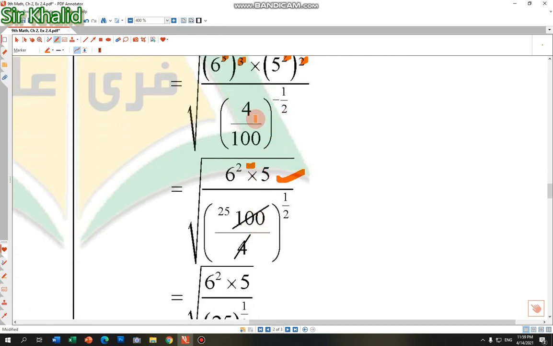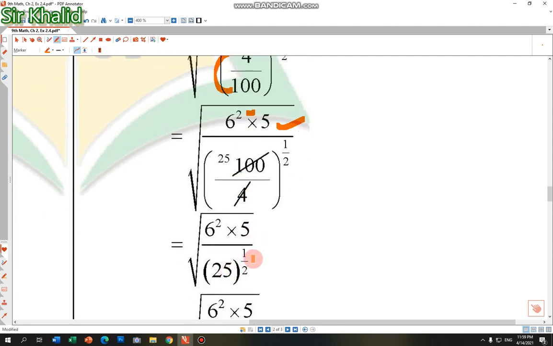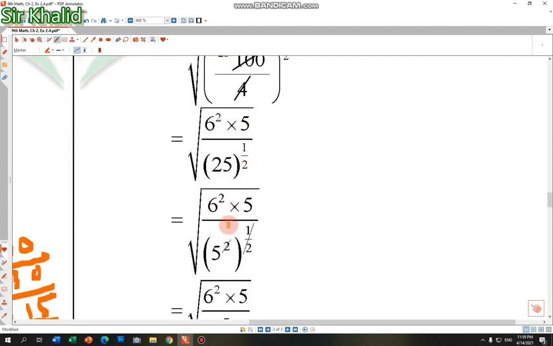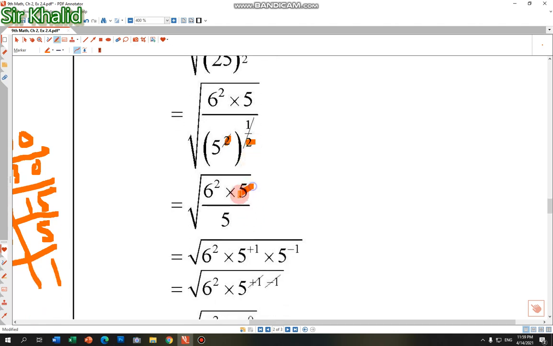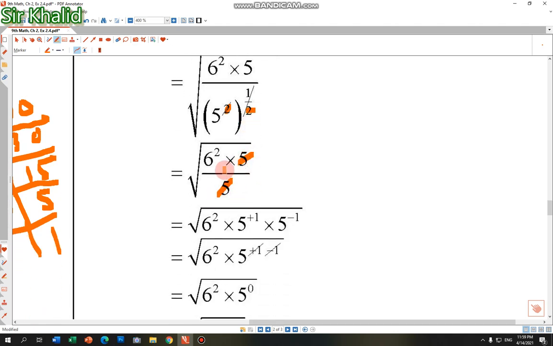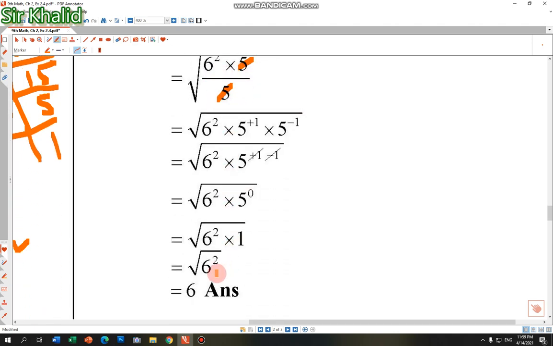Here it is minus 1/2, so you can shift it by taking the reciprocal of this fraction, it will be 100/4, it will give you 25 to the power 1/2. So 25 can be written as 5 to the power 2. 2 will be cancelled by this, 5 will be cancelled by this in the next step. Now 6 to the power 2 only, it will give you 36 here.